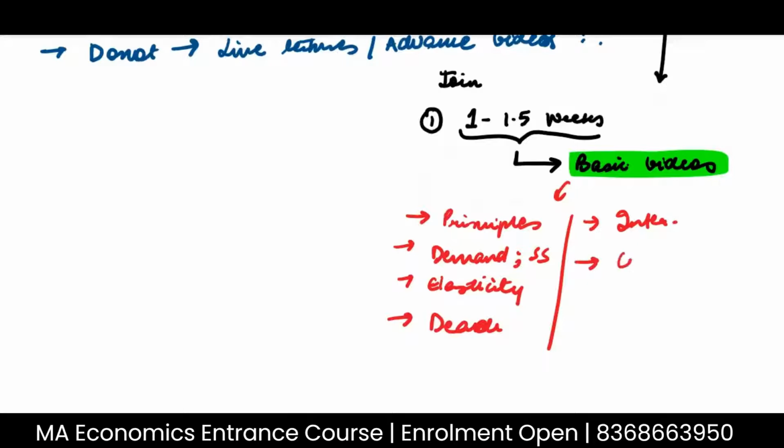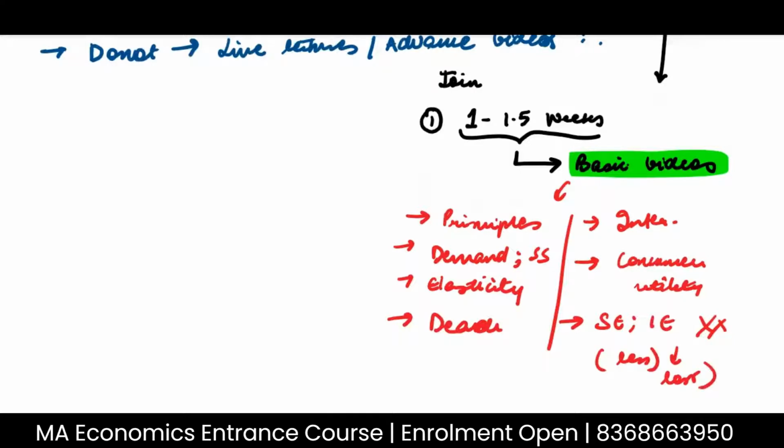It will also have what are ICs, what is a consumer utility function, and in fact, it will also have substitution income effect, not in detail, but very, very less. One chapter, the last chapter, will be on this. So you have to dedicatedly do these videos.